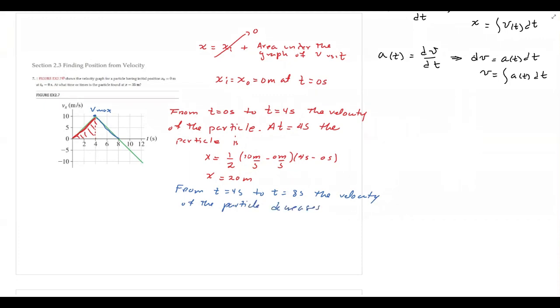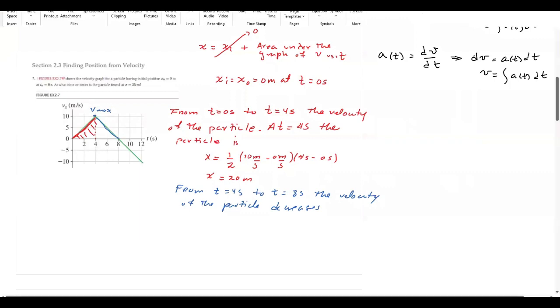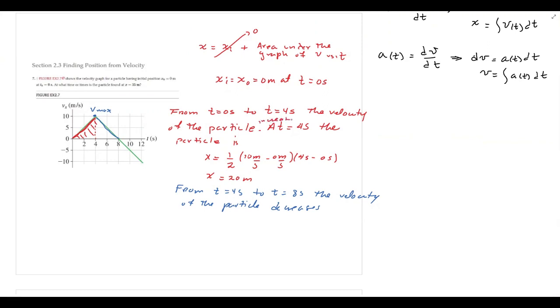I forgot in the first paragraph, of course, to say that it increases. So from t equals 0 to 4, the velocity of the particle is increasing, and at t equals 4 seconds, the particle is 20 meters from the origin. Now, from t equals 4 seconds to 8 seconds, the velocity of the particle decreases, and then we're going to find the area under the graph.